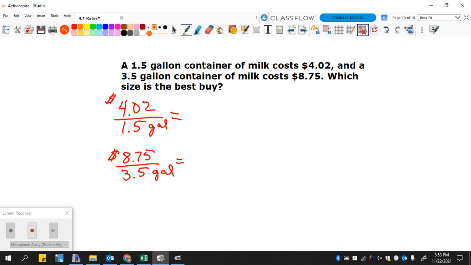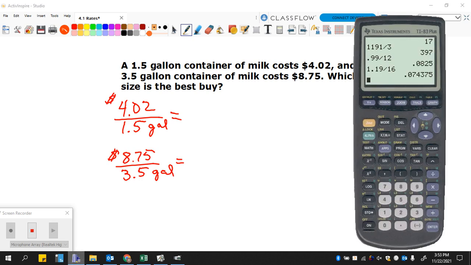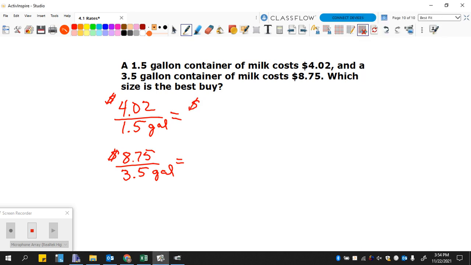So when we do this, 4.02 divided by 1.5, we end up with $2.68 a gallon.